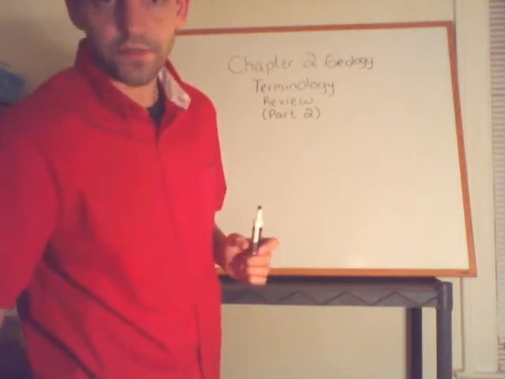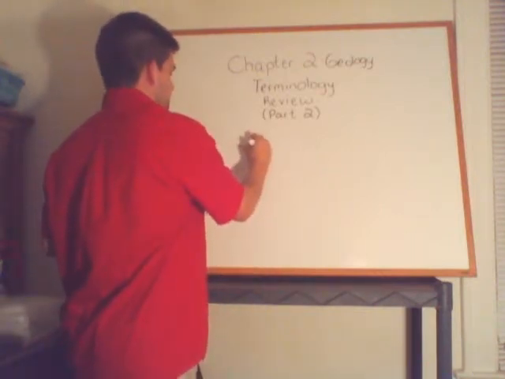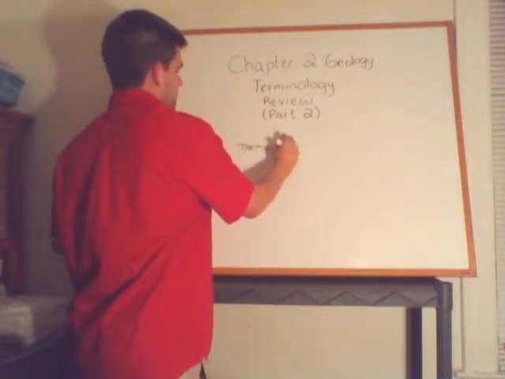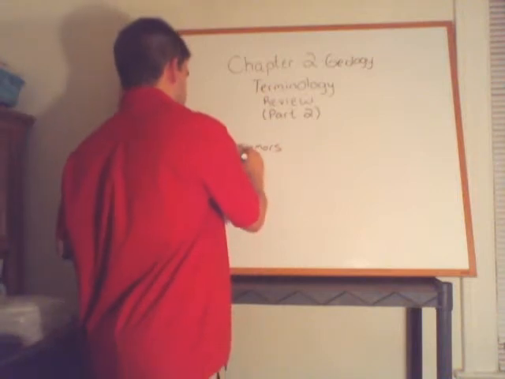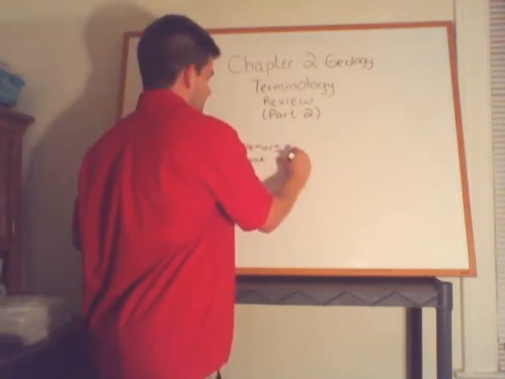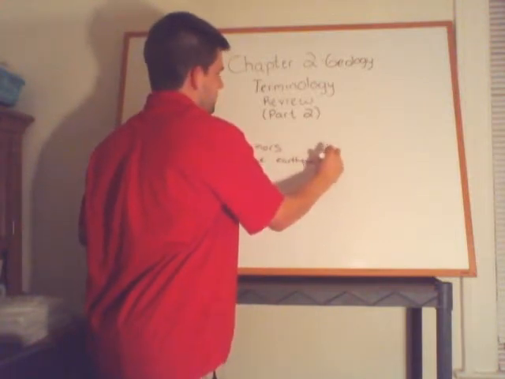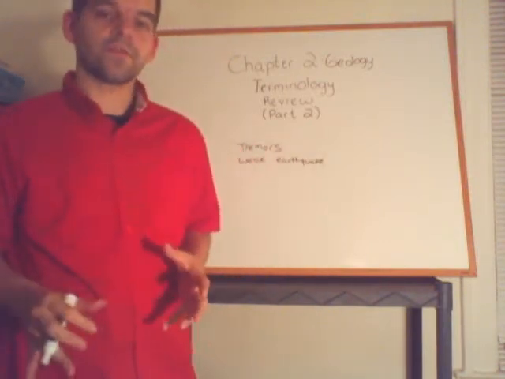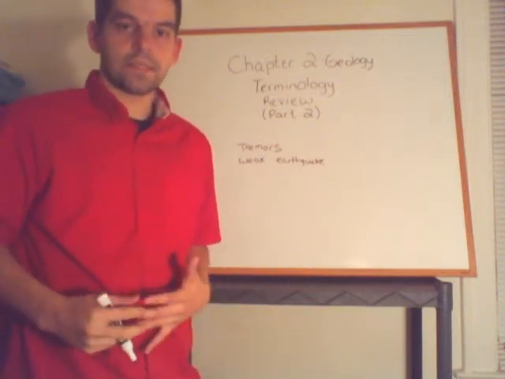So our last definition, as I mentioned in the previous definition, is tremors. And tremors are defined as weak earthquakes. So a tremor would be, if measured by a seismograph, relatively weak in terms of its intensity.